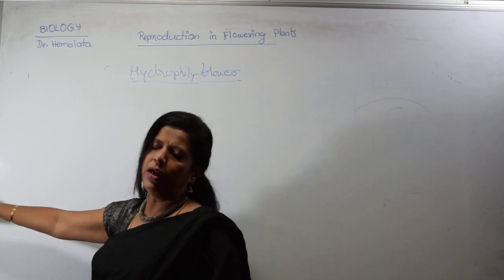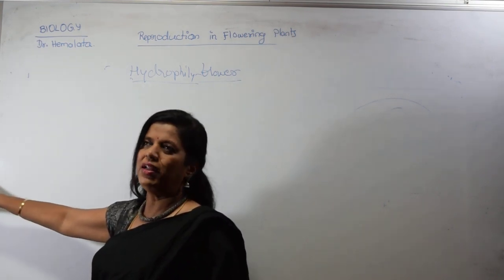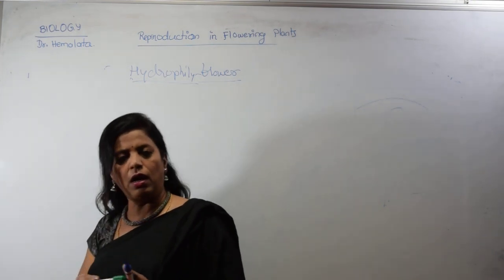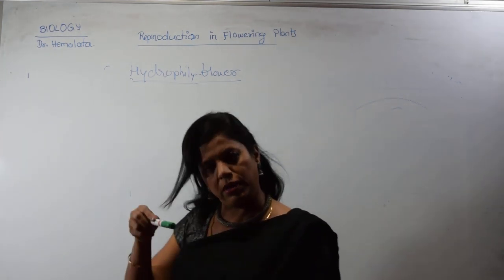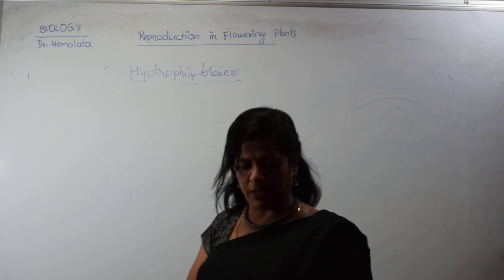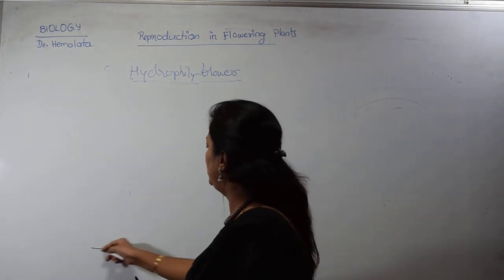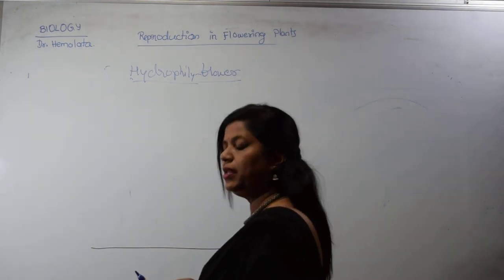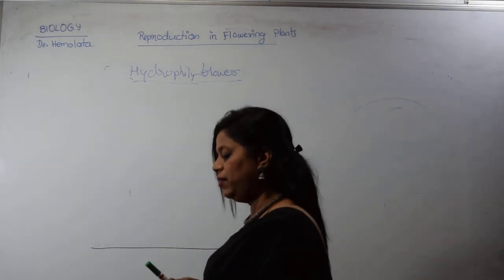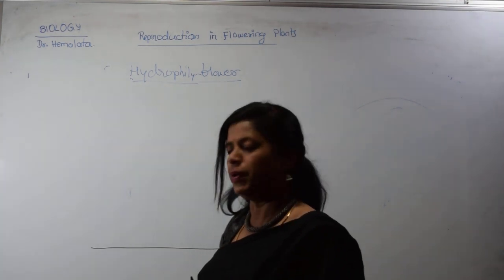In the plant Vallisneria, I'll give you, because the Vallisneria plant is almost dipped in water, a totally underwater plant. Imagine this is the ground of the water, okay. Here the Vallisneria plant is growing. Vallisneria has male and female plants growing separately.